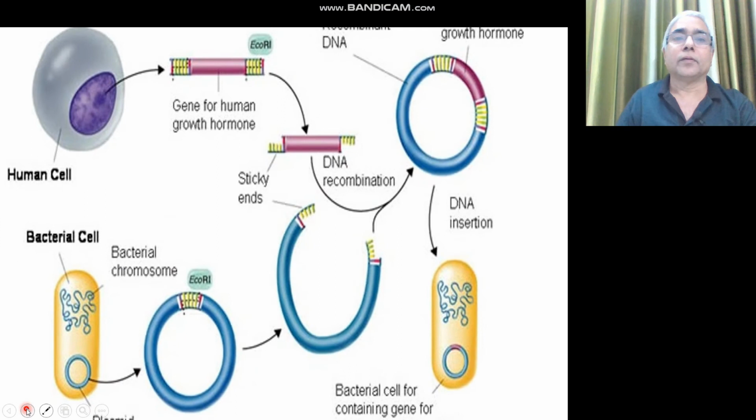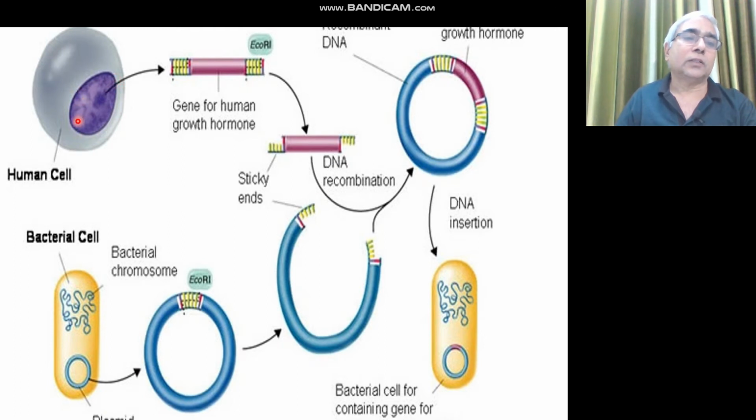Now we will take the same thing, but with a specific example, that is of the growth hormone gene. How this growth hormone gene can be separated from a human. This is the human cell. Inside the human cell, a nucleus is present.